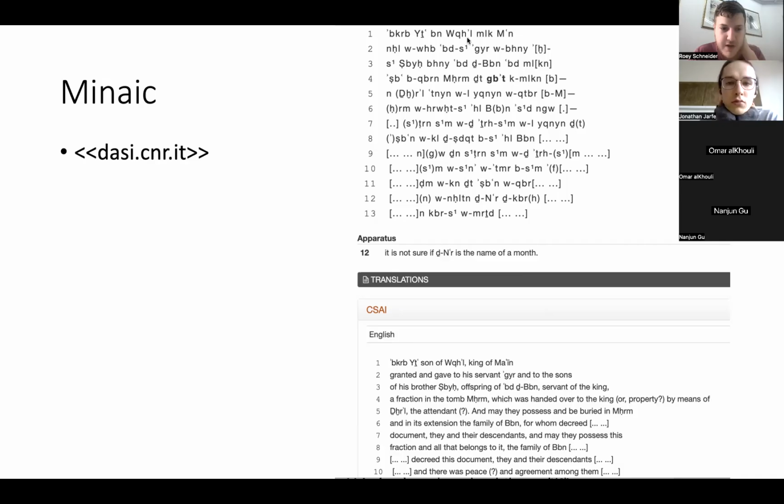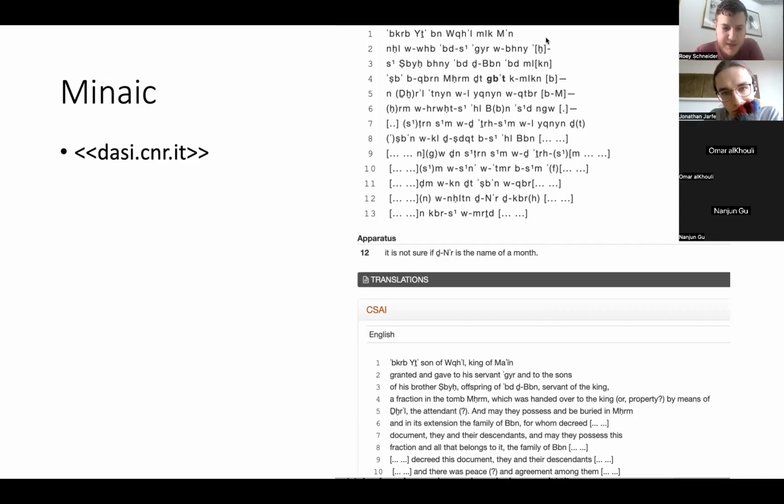There's a lot of theophoric names involving Waqah and Maqah. No, sorry. Waqah here is a verb, but never mind. There's also a god Maqah, like a protector or something like that. But here, this is the protection of God or something like that, I think.